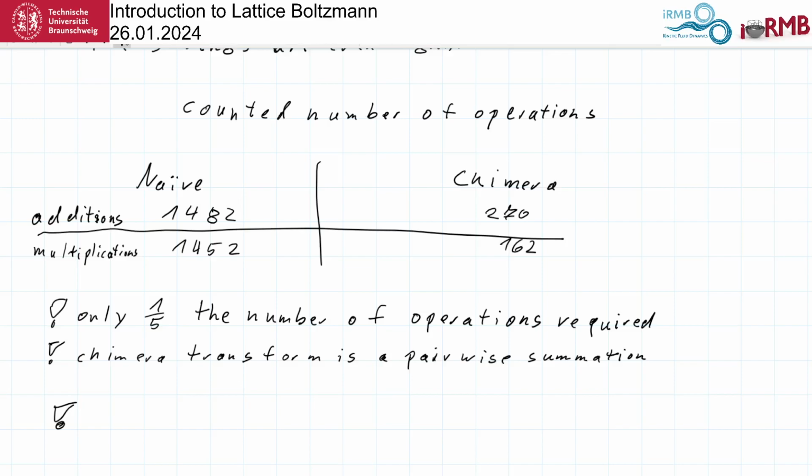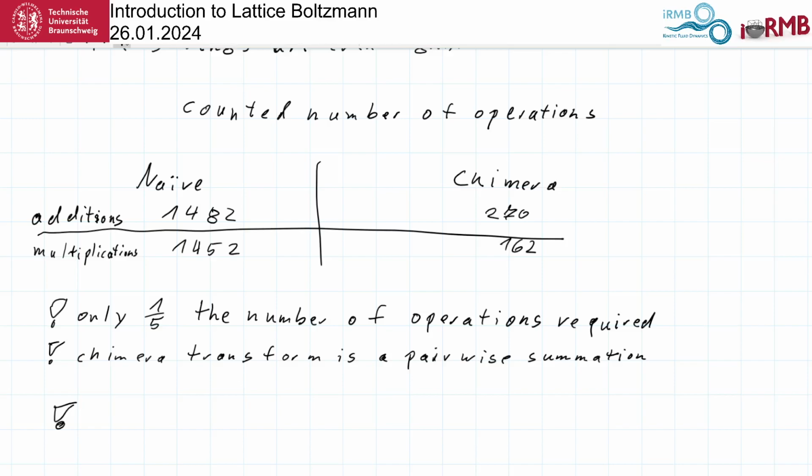And this is more important, because the one thing just makes your code run faster, but the other makes your code run more accurately, and this can be necessary because if you have 1,452 multiplications and 1,482 additions in each update before you even do the collision, right? So this destroys your accuracy due to round-off errors.